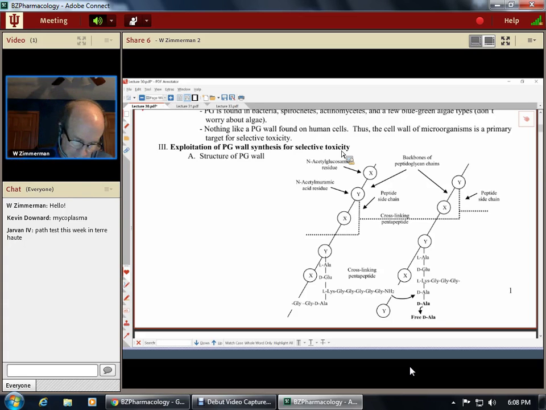You've got these alternating residues of glucosamine and N-acetylmuramic acid. And also this cross-linking pentapeptide that really stabilizes everything. The gram-positives have a much more developed cell wall, so they rely on it more.